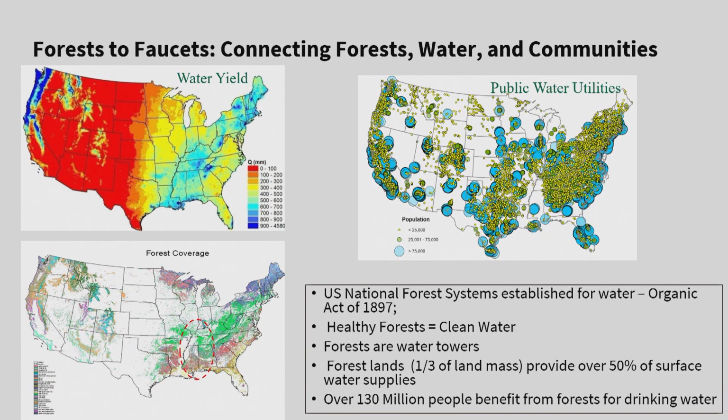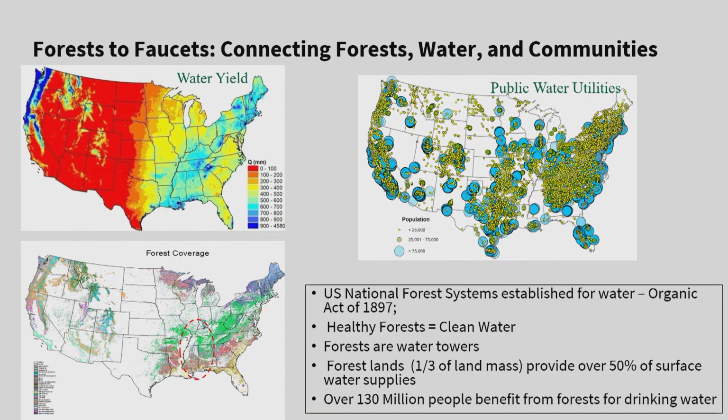The Forest Service has a long history, right, back to the Organic Act. That's how the national forests were developed, not just for timber, but also to provide water and the health of rivers. So we say healthy forest equals clean water. Protecting forests, healthy forests, all relates to water.